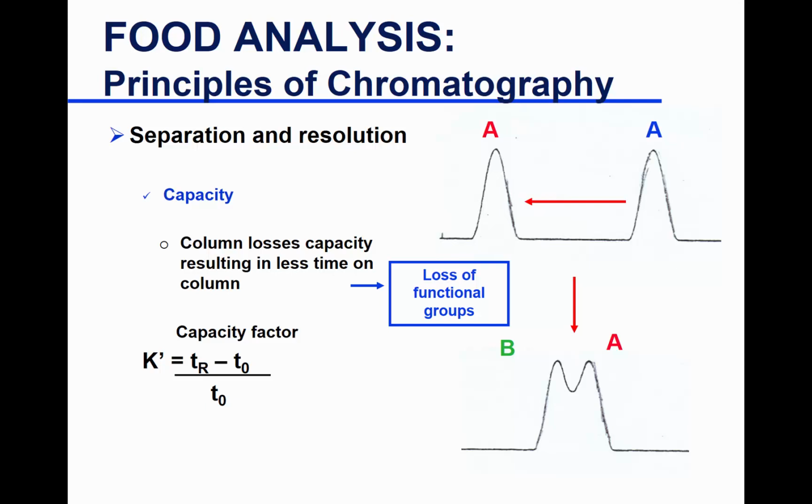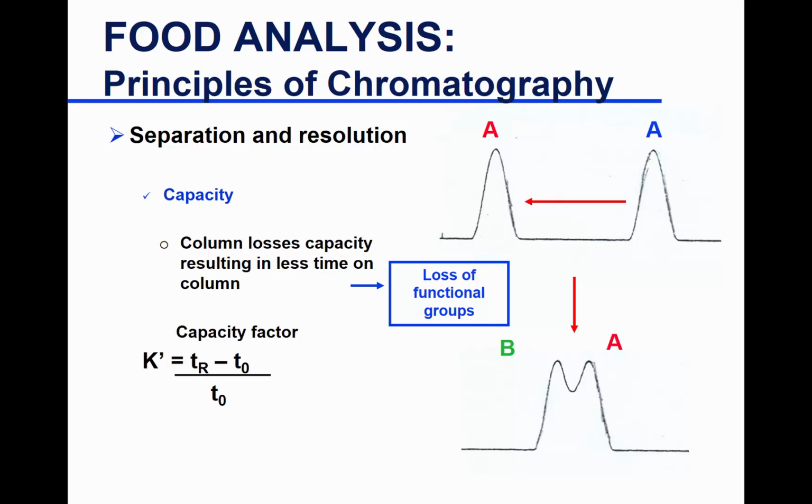Okay. The last factor is capacity, and this has to do with the number of functional groups on the column. Over time, you might hear the term stripped. The column was stripped. That means some of the functional groups stripped off, due to excessive use. When you lose some of your functional groups, you have less interaction with the column.